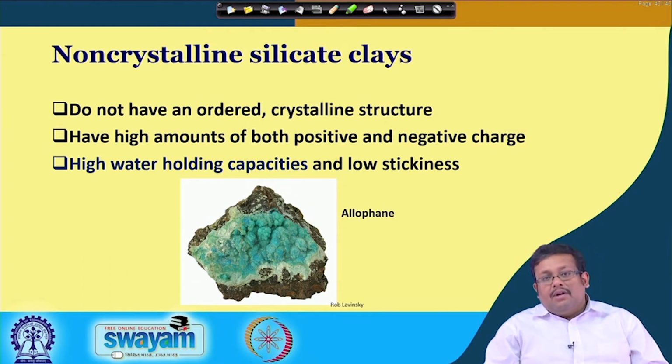You have already learned about stickiness and the different classes of stickiness in the soil consistency lecture. So these non-crystalline silicate clays have low stickiness, and one predominant example is allophane, and this allophane basically occurs in volcanic soils.